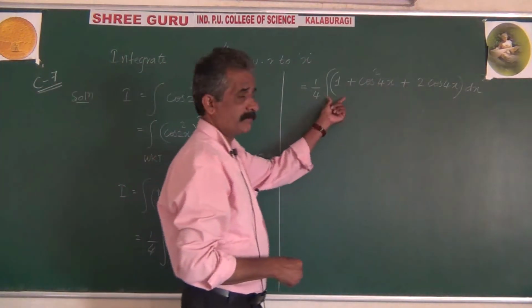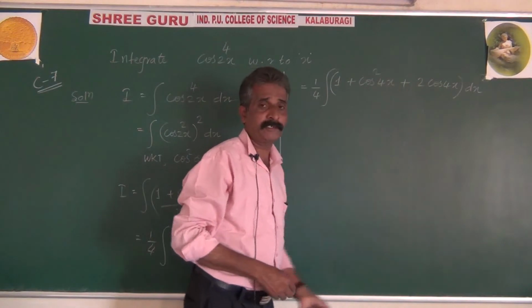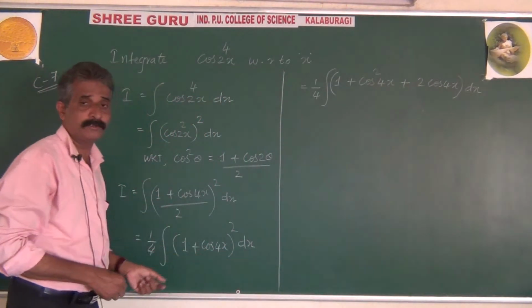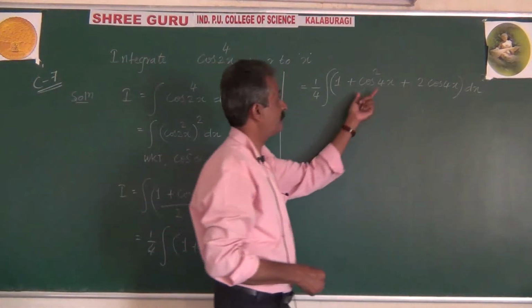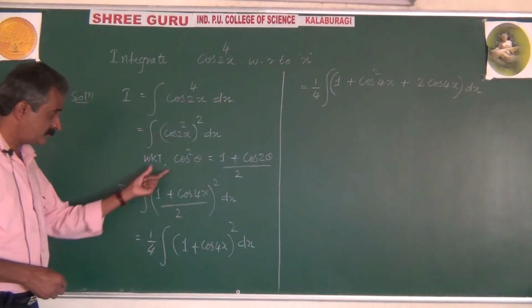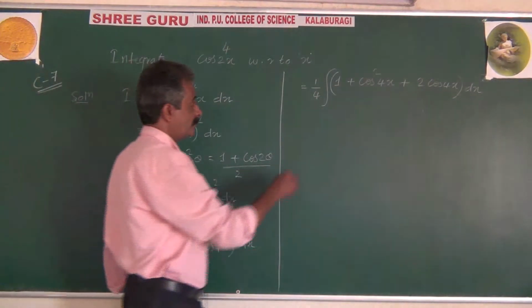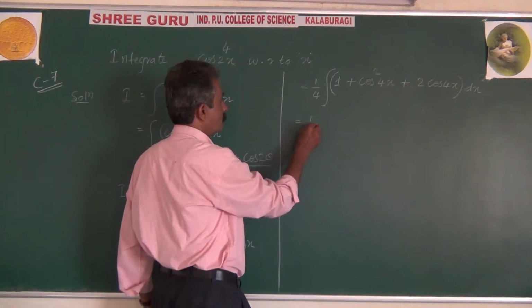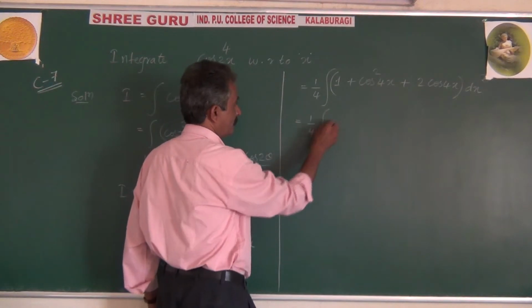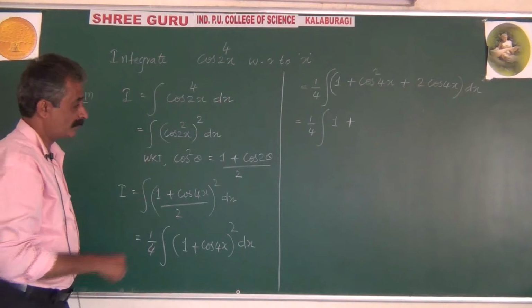Integration of 1 can be written as x. Integration of cos 4x can be written as sin 4x by 4. But we cannot write the integration of cos square. We again use this formula: cos square theta is 1 plus cos 2 theta by 2. That is equal to 1 by 4 integration 1 plus cos square 4x.